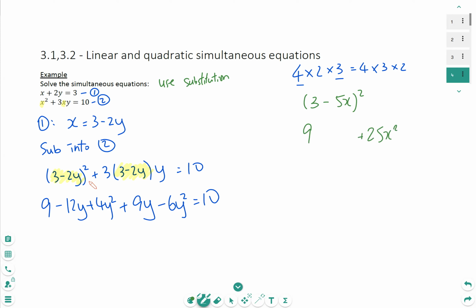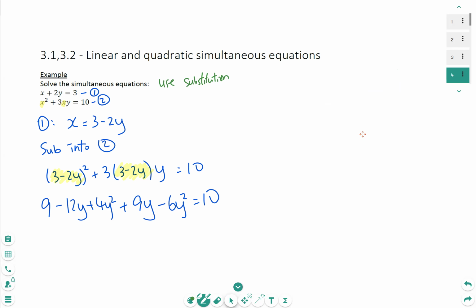The middle term is 2 times these two terms. 2 times 3, 6 times minus 5, minus 30x, right? So 3 squared, 9, 5x squared, 25x squared. Middle term, do 2 times these two terms. 2 times 3 times 5, minus 30. Anyway, so we can rub it off, just not to confuse people.